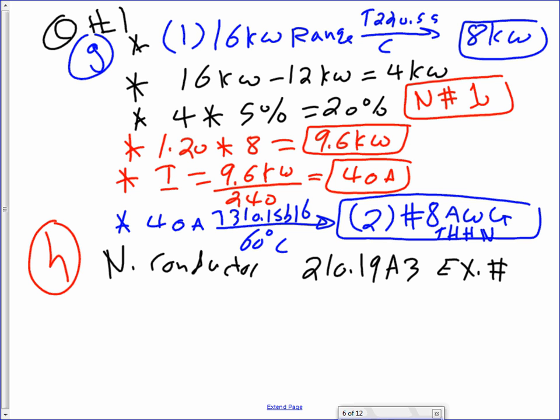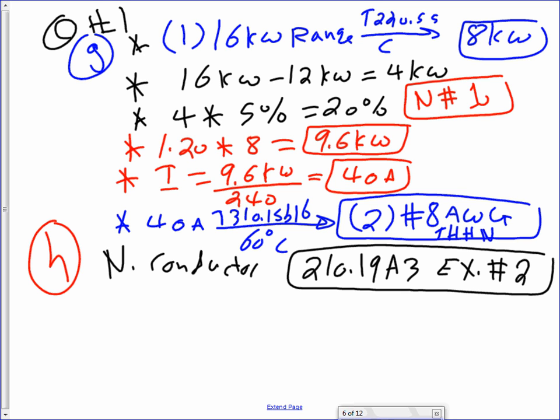Exception number 2. If you guys go there, you won't think I created that, which I tend to do sometimes. So exception number 2. Can I get you guys to highlight this one?